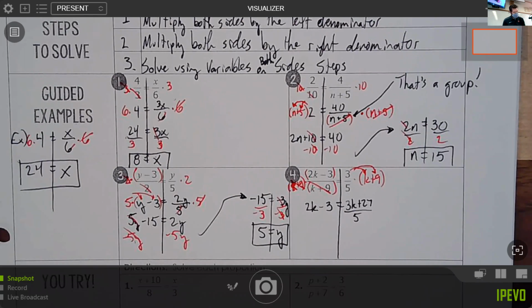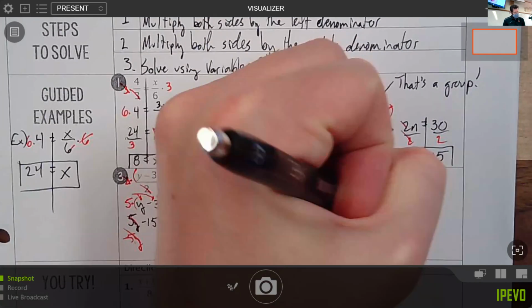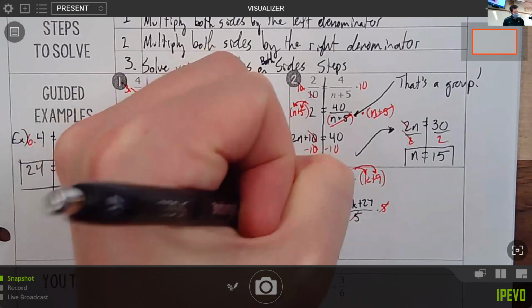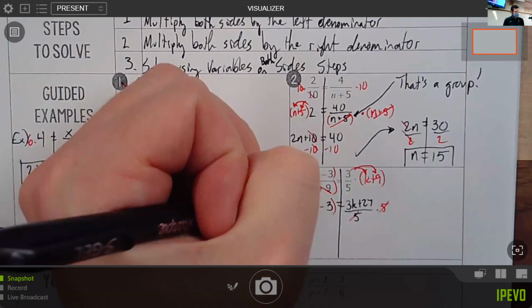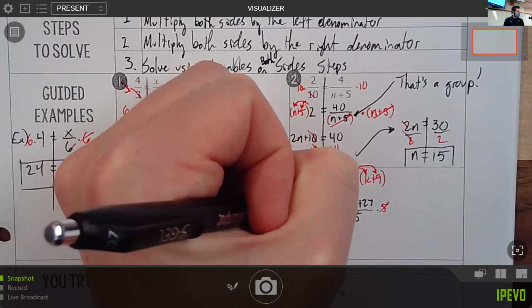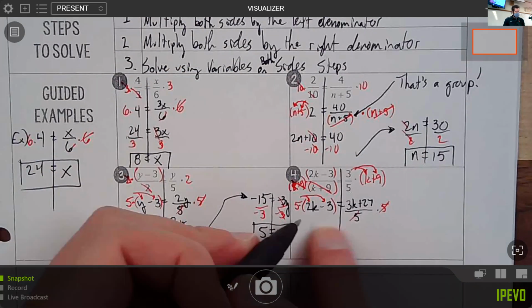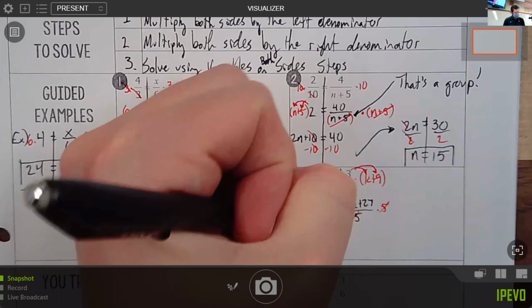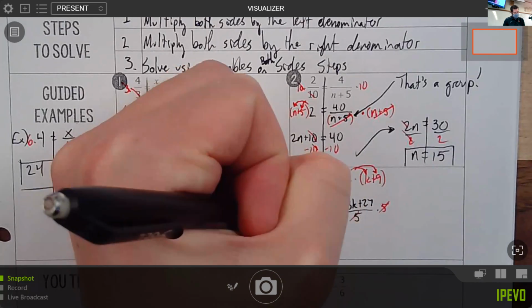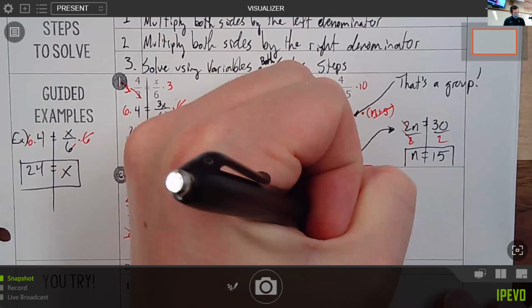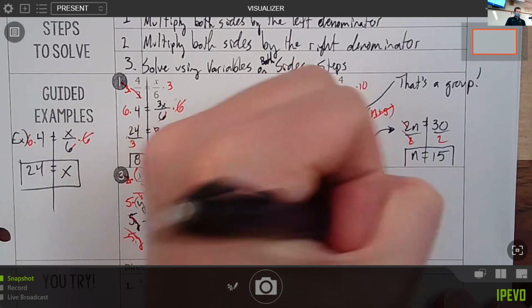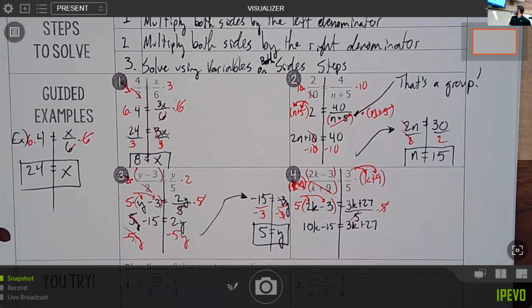Multiply by 5, so times 5. And then on the left-hand side, times 5, 2k minus 3, though, remember that is a group as well. So we're going to take our 5 and distribute it to the 2k minus 3. 5 times 2k is 10k. 5 times negative 3 is minus 15, or negative 15. And then we have 3k plus 27 over on the right.